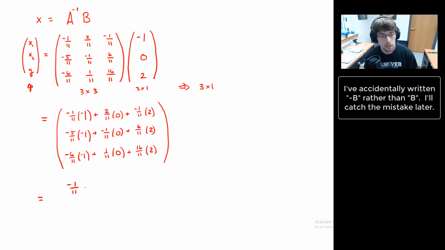Next one, I have something like 5 over 11 plus 12 over 11, so I get 17 over 11. There we go. And third, I have 6, right? Negative and negative, so I have a 6 plus 32, so I get something like 38 over 11.